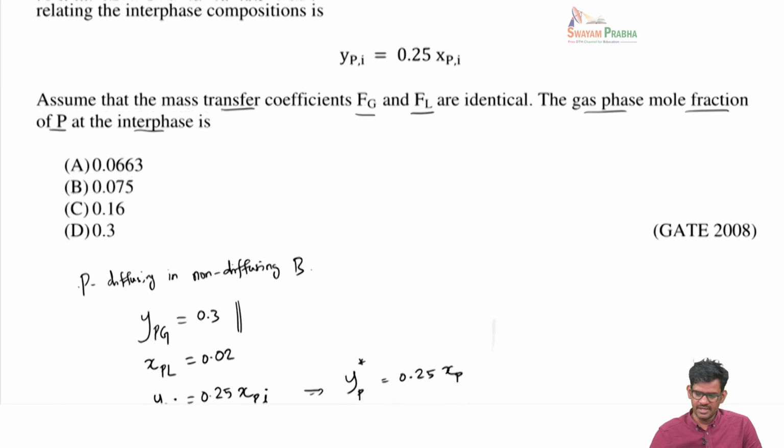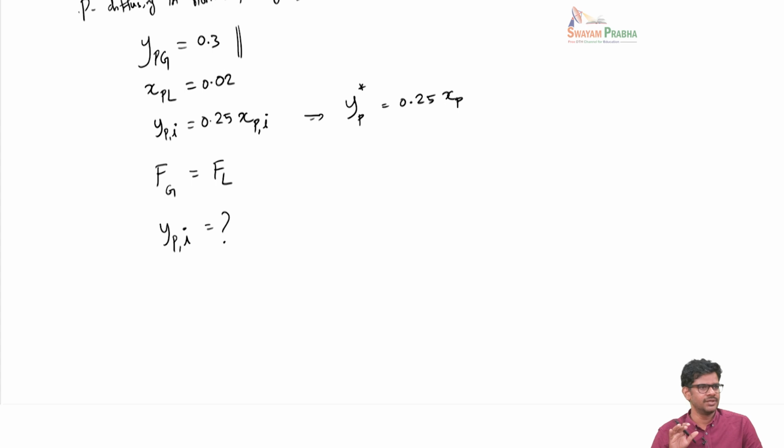So, I am going to write the expression for flux using the fundamental law of mass transfer approach, and then solve for the interfacial concentration. That's what is being asked here. There are two unknown interfacial concentrations, XAI and YAI, but there is an equilibrium relationship connecting these two. So, I should be able to solve for the YAI.